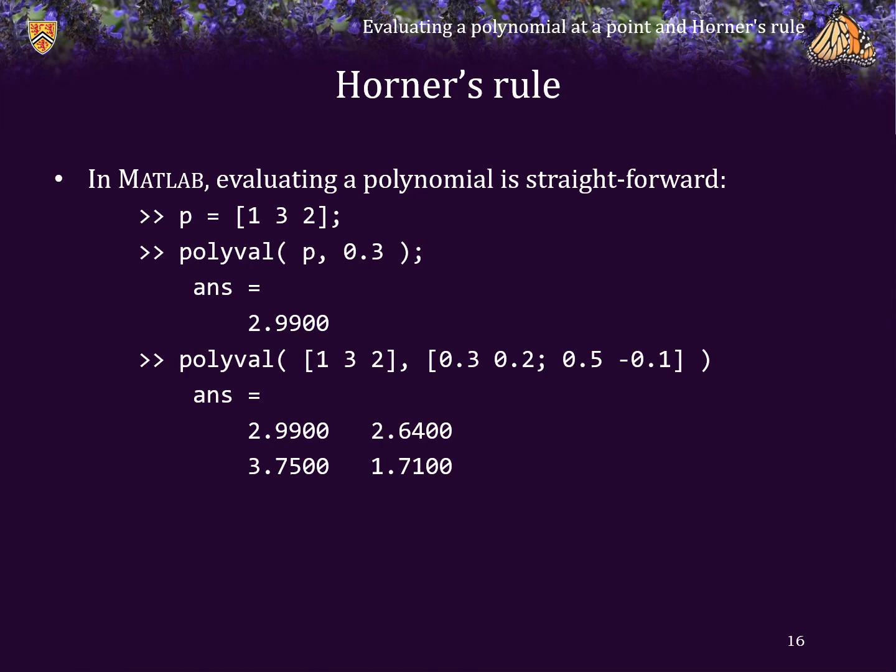Instead, someone has written a piece of code in C++, compiled it, and then when you call polyval, it will simply pass pointers to that function so that it can perform that polynomial evaluation using Horner's rule in compiled C code or compiled Fortran code, depending on how old your version of Matlab is. So polyval will evaluate the polynomial using Horner's rule.